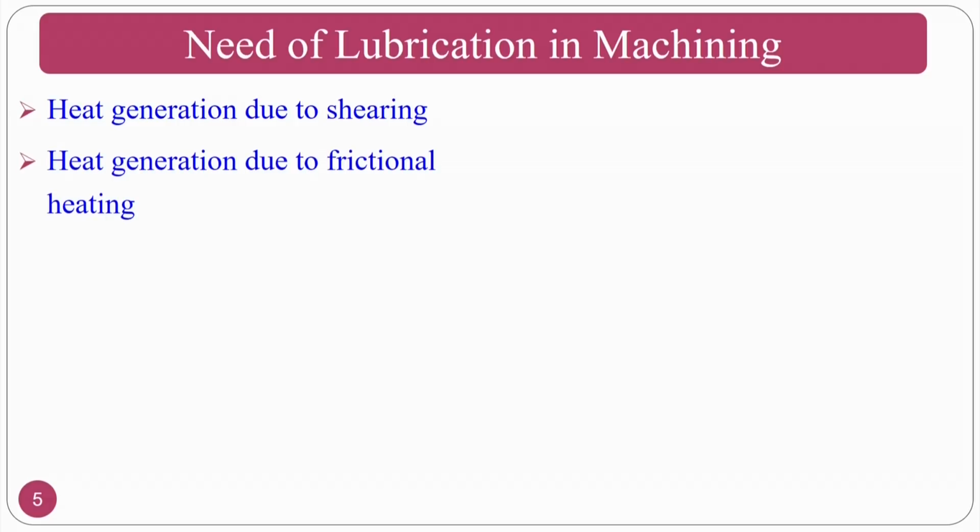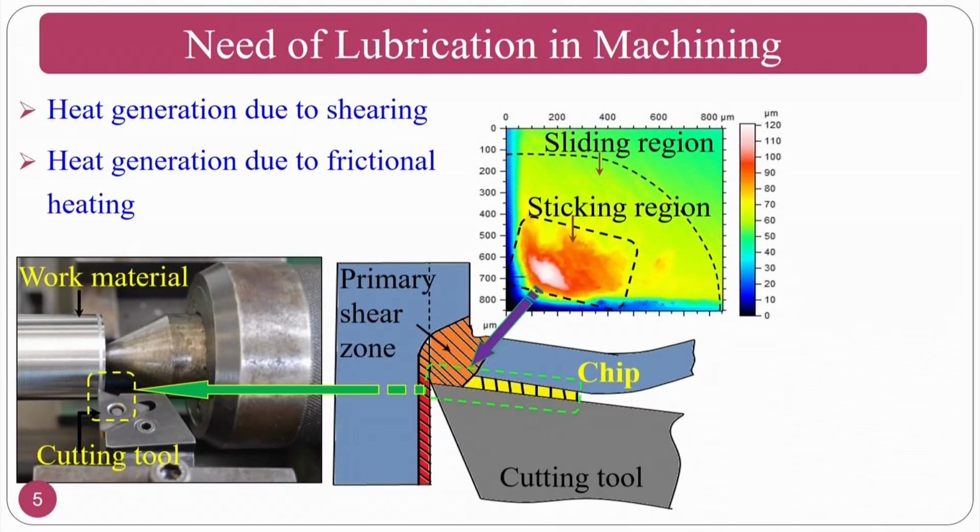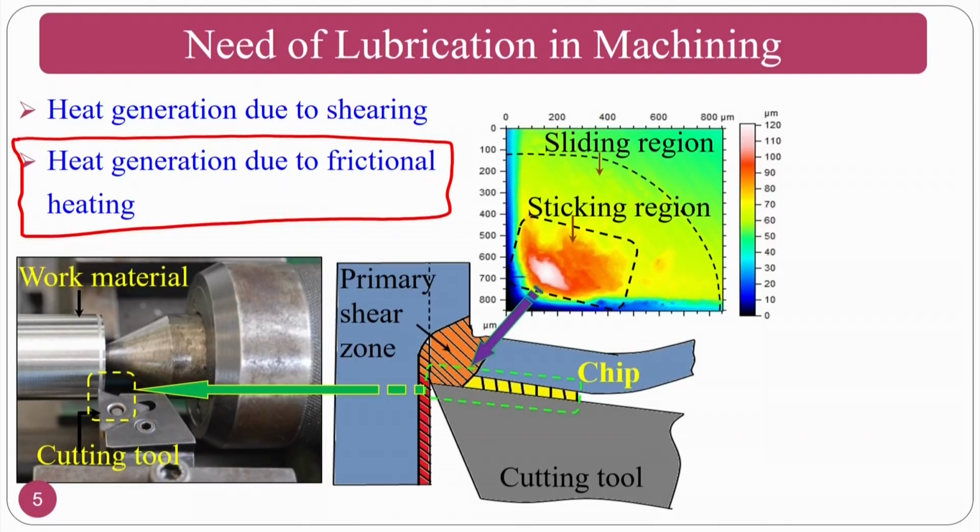The second one is heat generation due to frictional heating, which you can eradicate by the action of lubrication. The second one given here, you can eradicate by giving proper lubrication. You can avoid this by proper lubrication action.